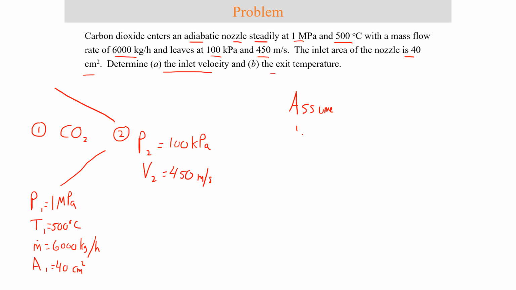So, number 1, we're going to assume this problem to be at steady flow. Number 2, we're going to assume that the CO2 is an ideal gas. And like we mentioned, whenever you're dealing with ideal gases, you need to also make an assumption about whether you assume the specific heats to be variable or constant.